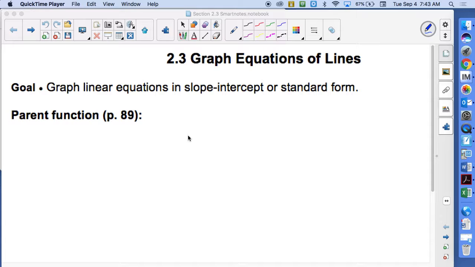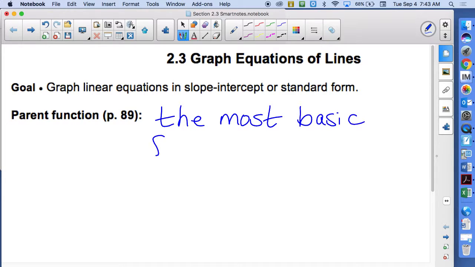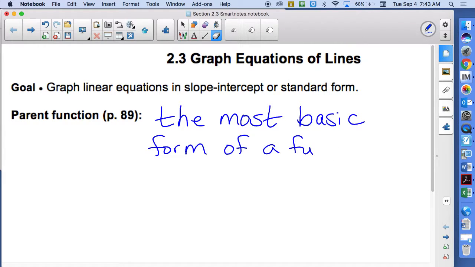So a parent function is the most basic form of a function in a family of functions.